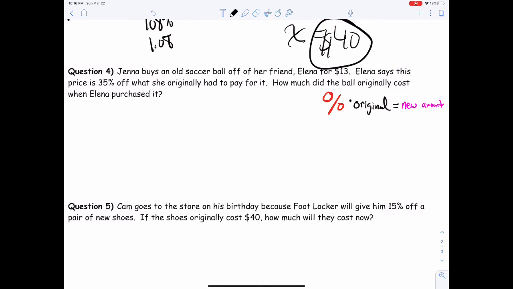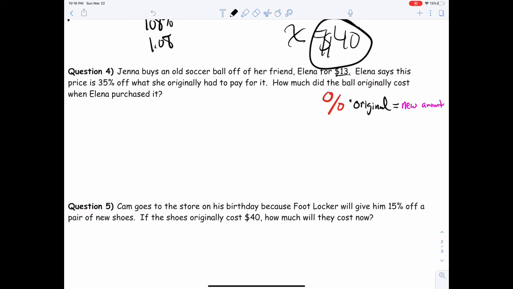All right, guys, so here in this question, if you're thinking about it, what you basically have is Elena is going to give Jenna a soccer ball for $13. Elena had to pay more for that, though. When she was the first one, she bought it at the store. She had to pay 35% more than what Jenna's getting.